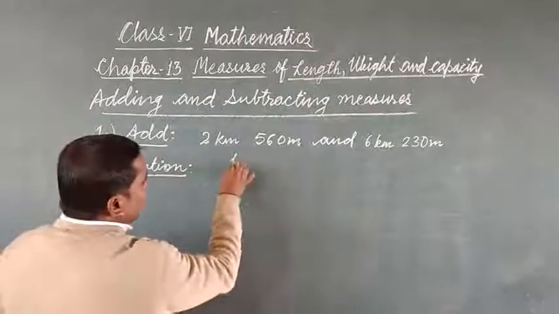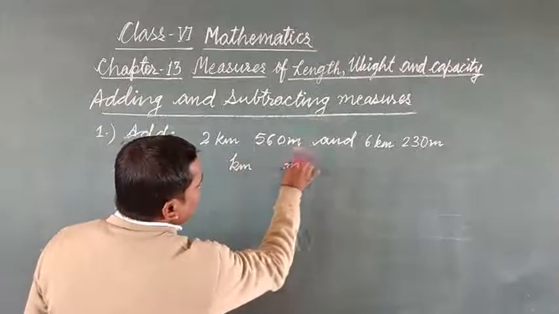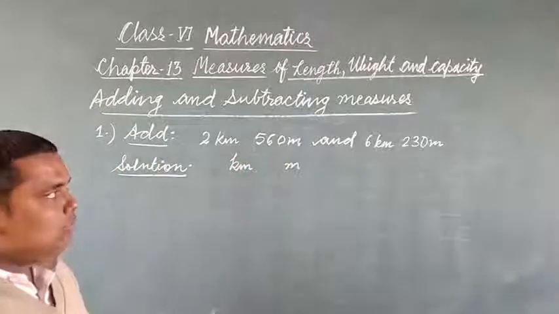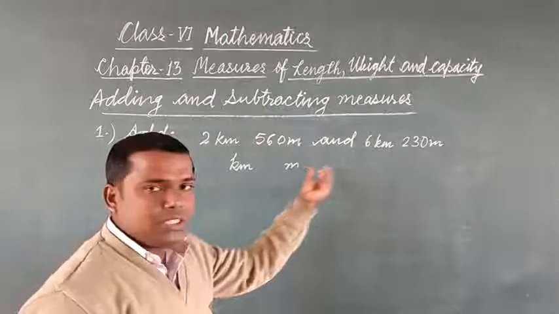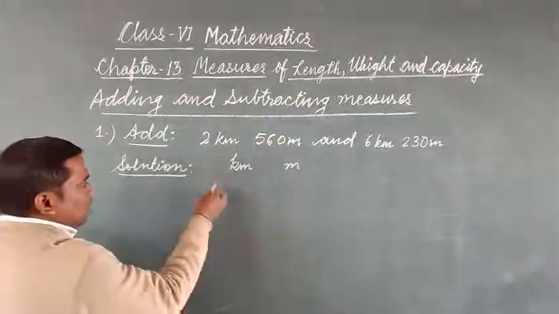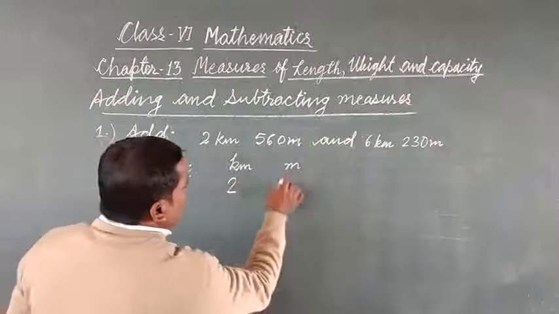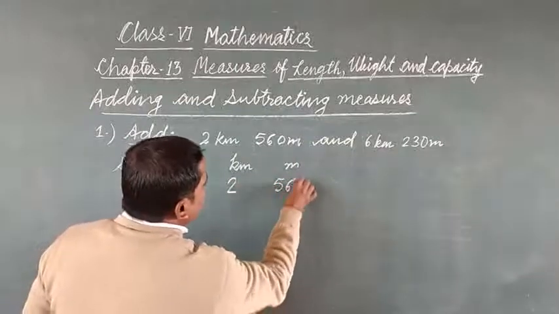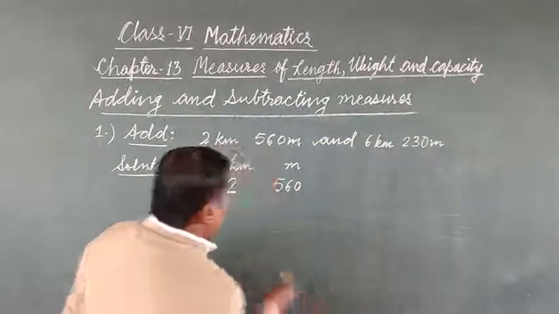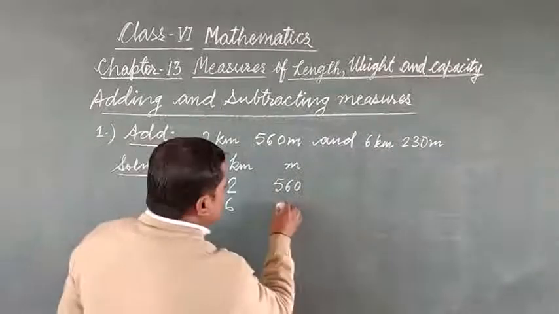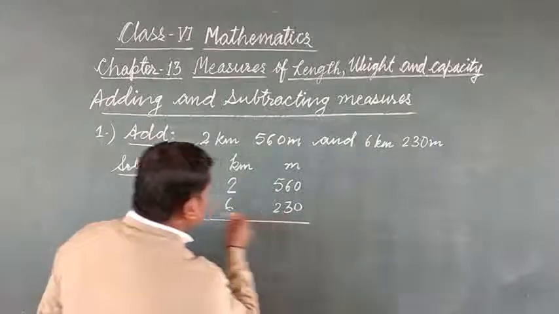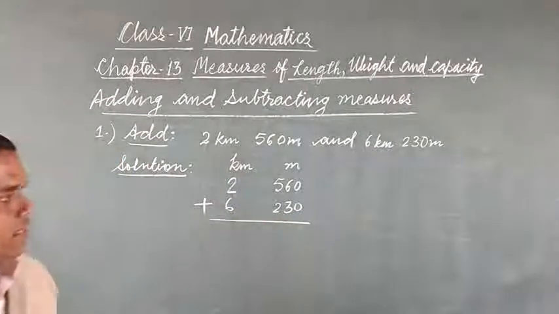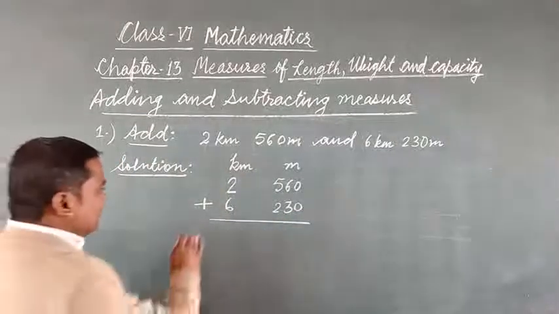Here we write kilometer and meter. Then below kilometer we write the kilometers and below meter we write the meters. So below kilometer we write 2 and below meter we write 560. Below that we write 6 and here 230.